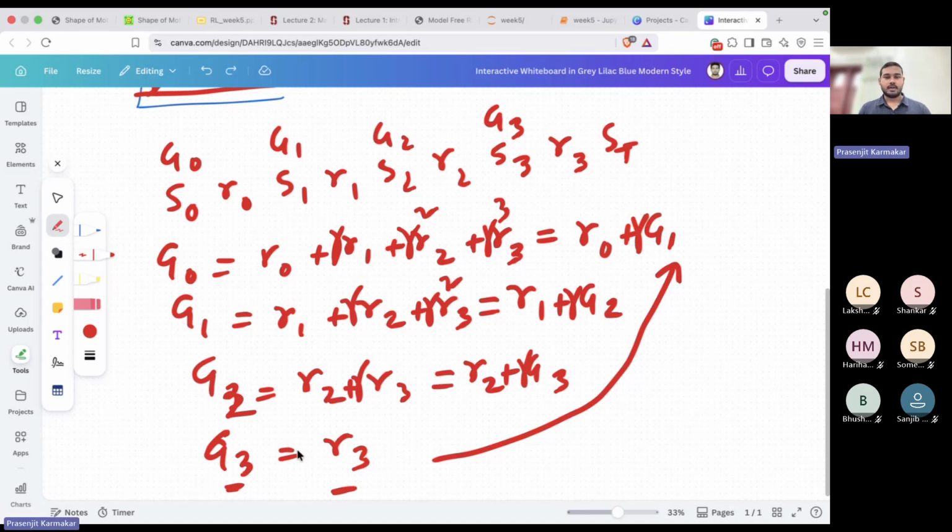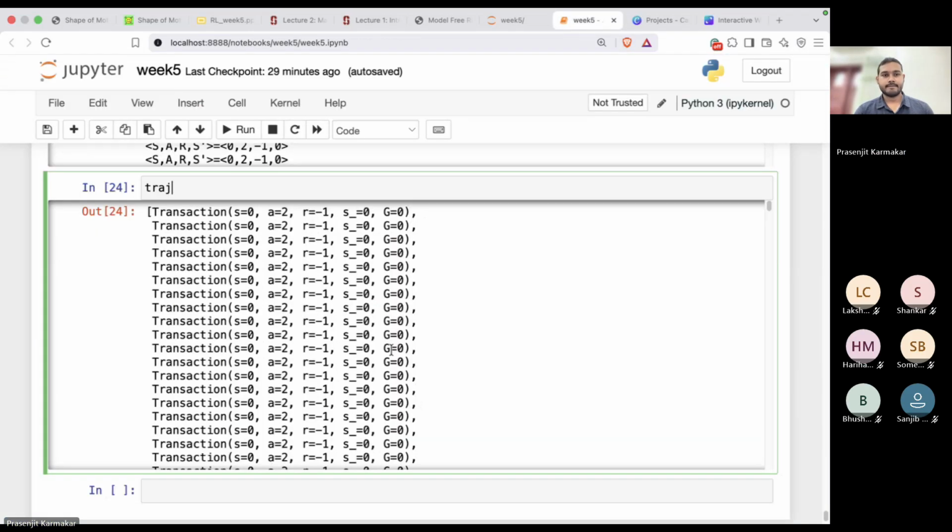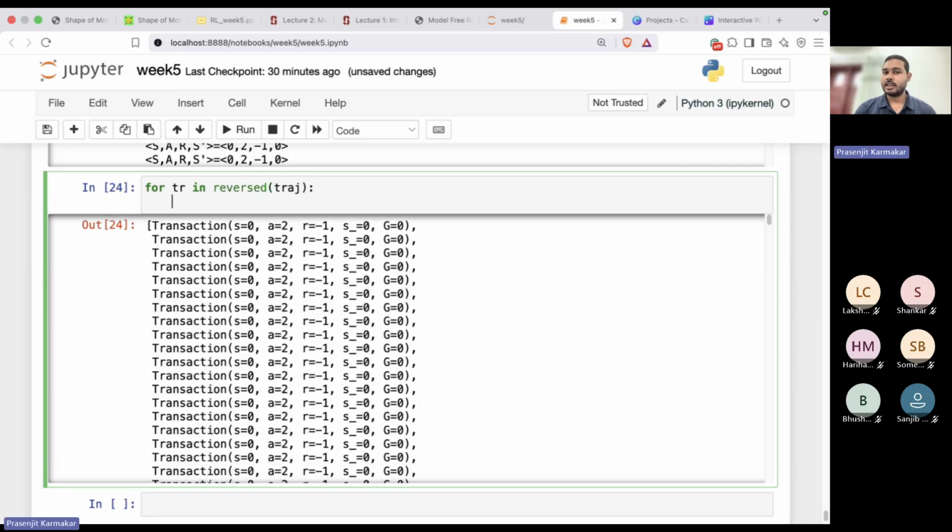Okay. Now let's try implementing it. So for the trajectory, for each transaction, we need to go in reversed order. So you get the last one, and that becomes my G. My G initially is 0.